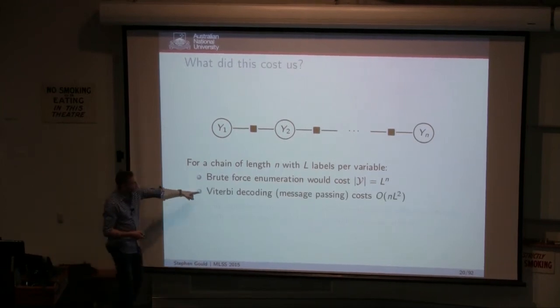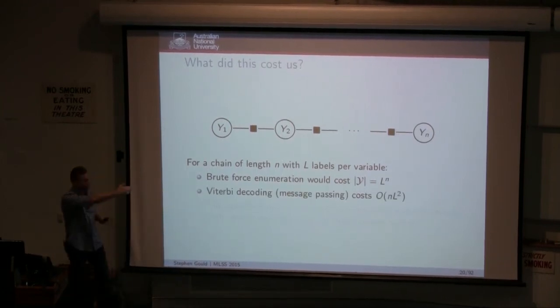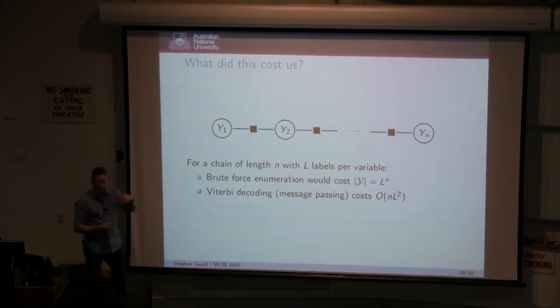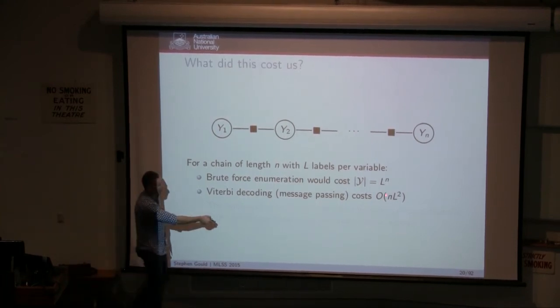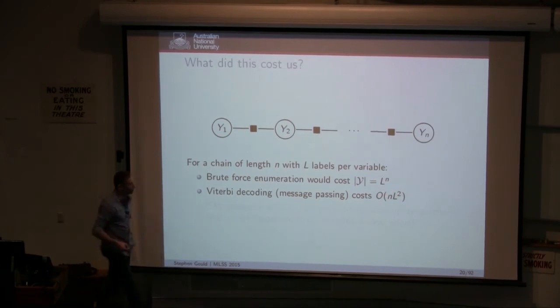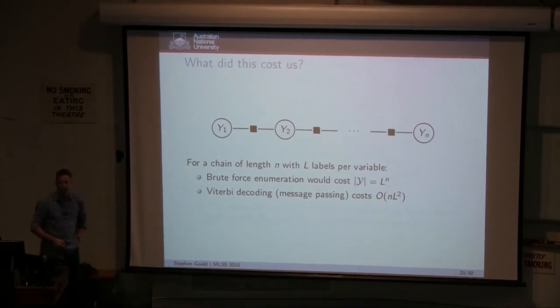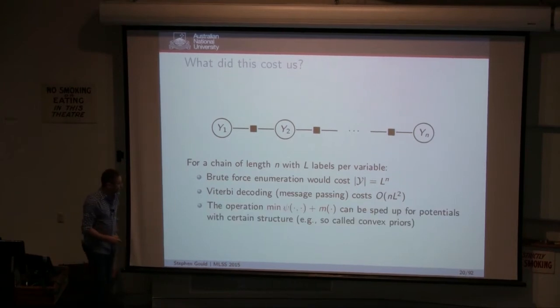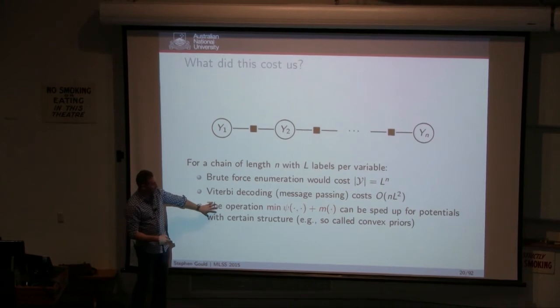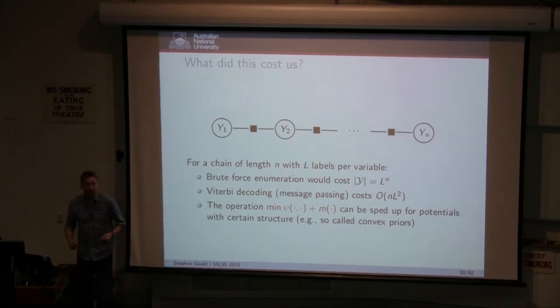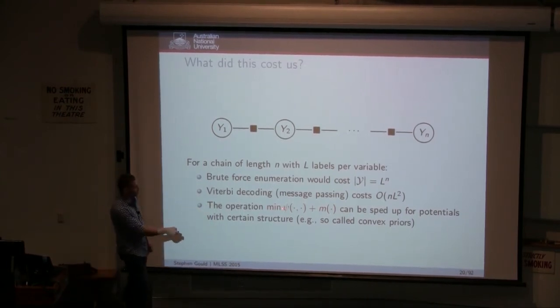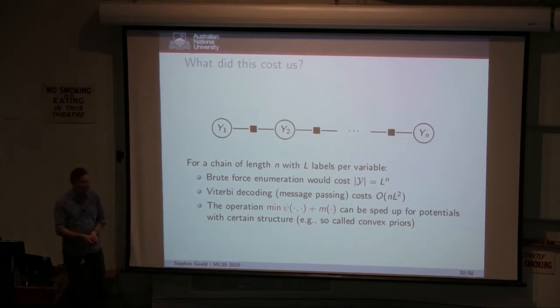With this Viterbi decoding, if we have a chain of length n, and we do this forward and backward message passing, it ends up costing on the order of n times L squared. So L squared is a hell of a lot smaller than L to the n. We've saved an enormous amount of computation. And it turns out that we can even make further speed-ups by looking at the functional form of these factors.